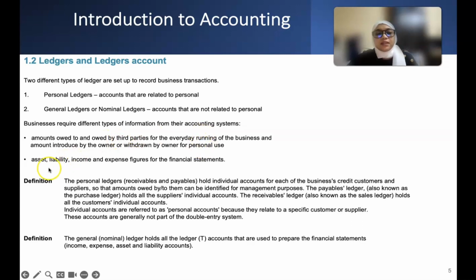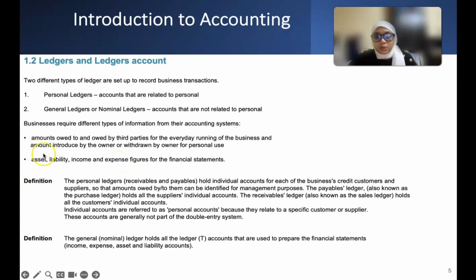And what are general ledgers, nominal ledgers? General ledgers or nominal ledgers are the accounts that are not related to personal. What are those accounts? These are assets, liability, income, and expense. I already explained to you what expenses and incomes are in the previous slides.